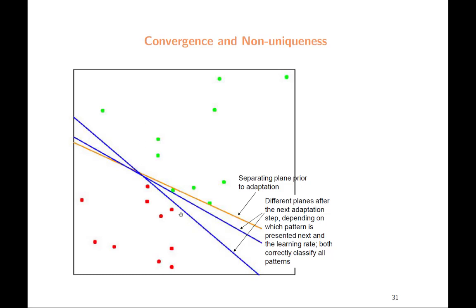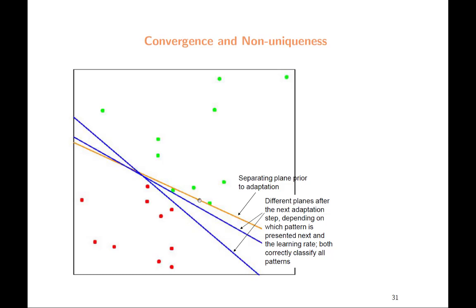So here, the orange curve, the separating hyperplane, is before the adaptation, and then after the adaptation, it might generate this blue line or this blue line, depending on what training data it is using to minimize the cost function.